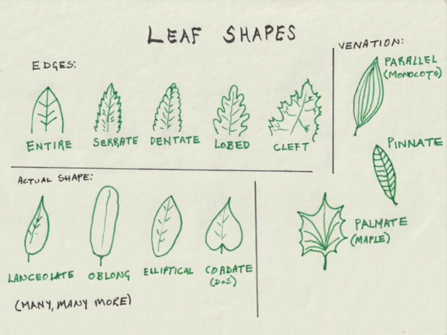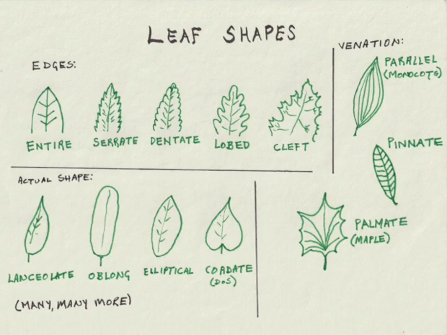The actual shape of the leaf also varies a lot too. You have things like lanceolate, which is like a lance or like a spear, oblong, elliptical, cordate, meaning heart-shaped, and many, many more. But then also look at the venation. Parallel vein leaves are generally characteristics of monocots.